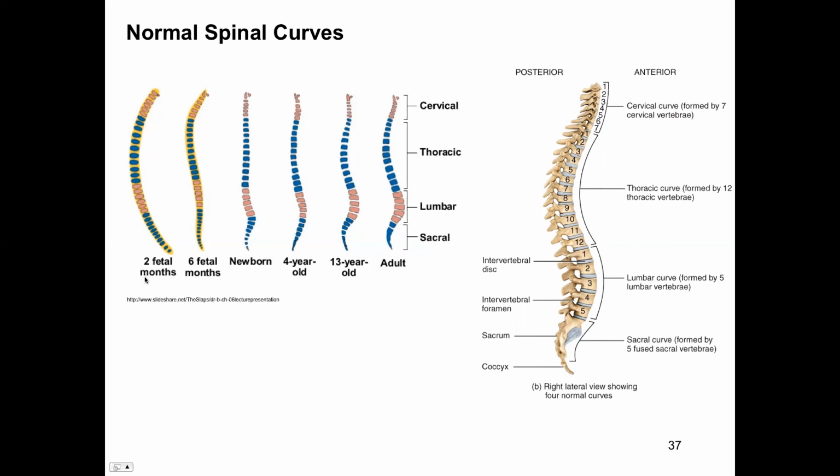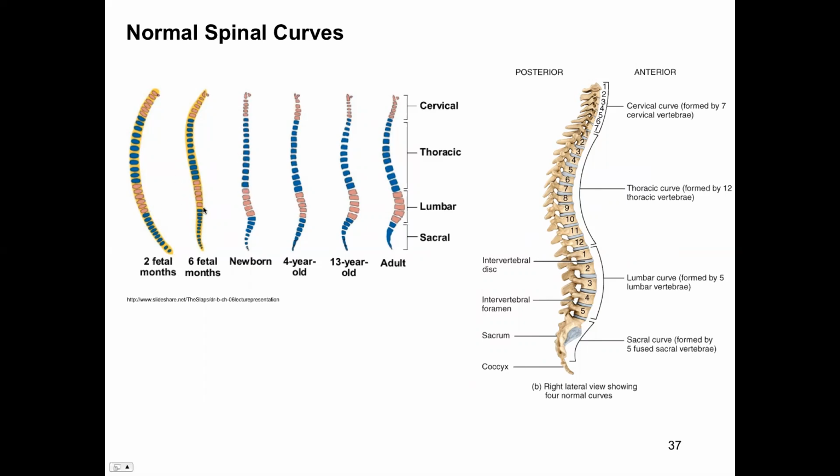So the fetal curve, and there's a really nice picture in the Saladin text. I should have put it here in my PowerPoint, but it's of a newborn infant, and you can see how the spine is doing this, and it's really quite amazing. So the fetal and then the newborn has a little bit of a curve, but this curve through the fetus and then towards the newborn, you can see that this is sort of highlighted here in the infant.